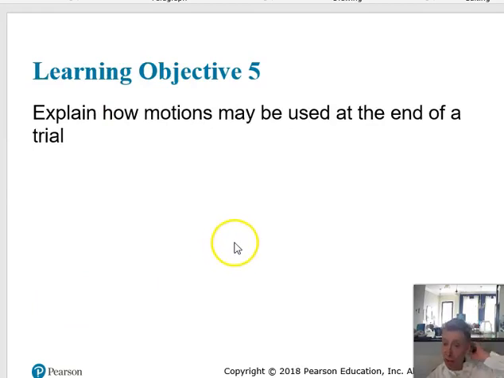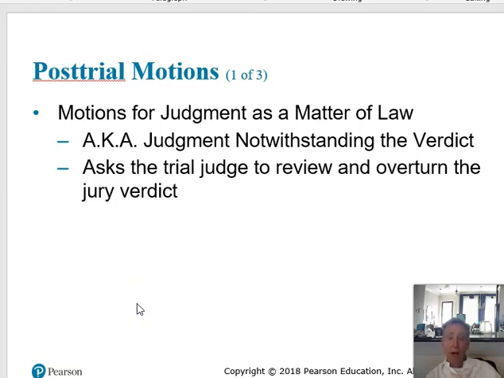Explain how motions may be used at the end of a trial. Okay, this is when the verdict comes back from the jury and it makes no sense. So you can say, judgment notwithstanding the verdict. They ask for the judge to issue the verdict even though the jury came back with one, because what the jury came back with is not allowed in law.